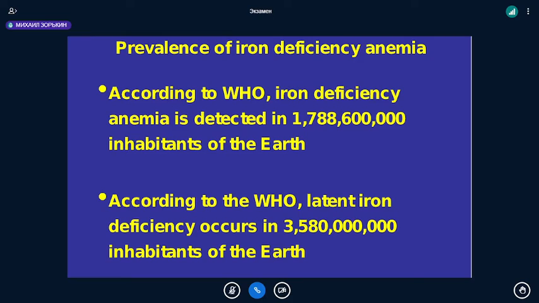More than 3.5 billion of the Earth's inhabitants are affected by latent iron deficiency. No signs, no complaints, only some abnormalities of the biochemical analysis of the blood. And of course, in most conditions, iron deficiency remains undetected.